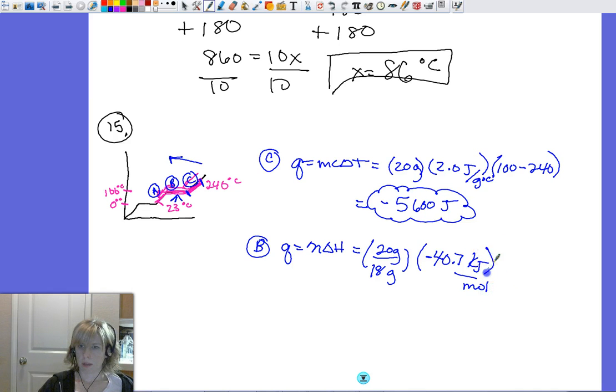And then we're going to times that by 1,000 to get it into joules. And just remember that this is negative because we're condensing. So we're going the opposite of what's listed on your reference chart, which is vaporizing. So we need to switch the sign. That's how I got the negative there. So if we take that, we get negative 45,222 joules for this section.